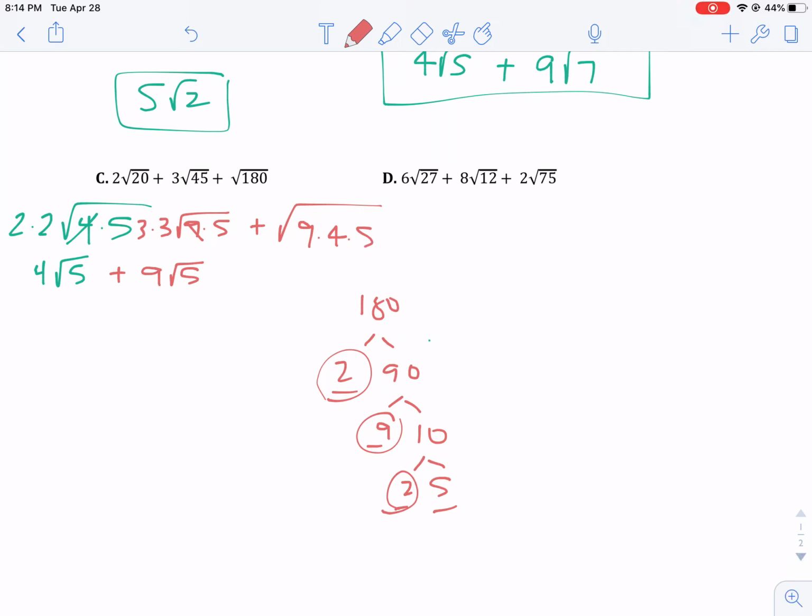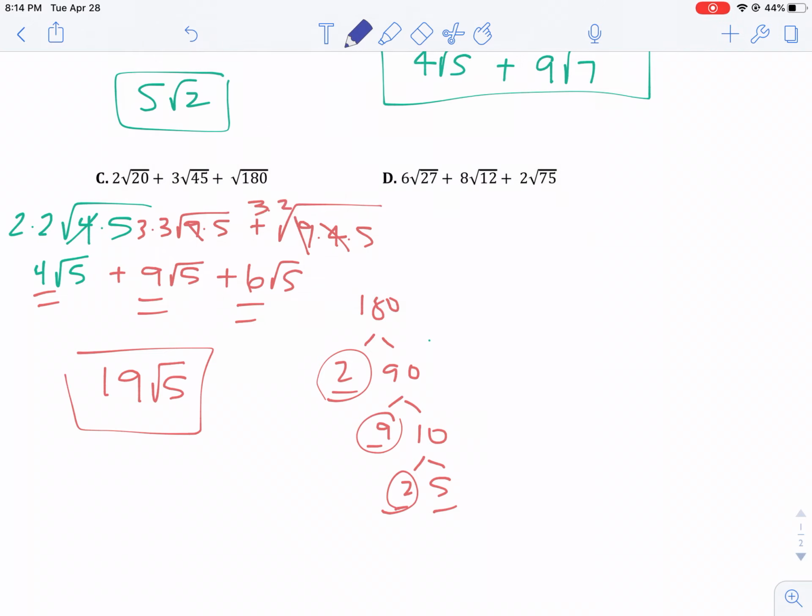So we can take the square root of 9, which would be 3, and the square root of 4, which would be 2. So that'll leave us with 6 root 5. Okay, and now that result are all root 5. So we can take 4 root 5 plus 9 root 5 plus 6 root 5 to give us 19 root 5.